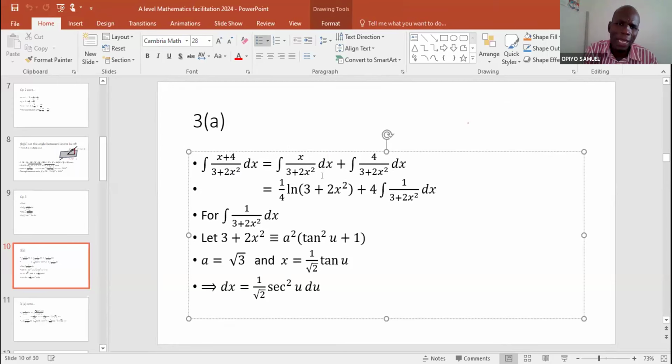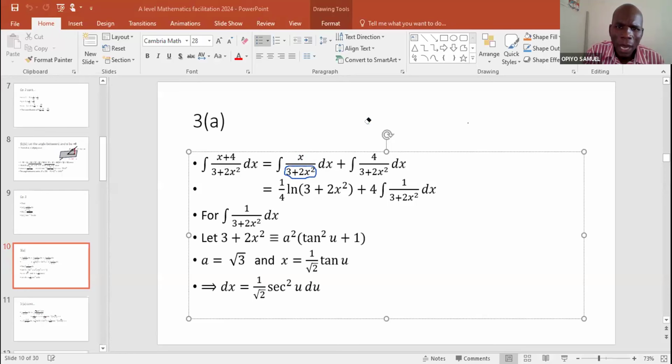For this first part, when we differentiate the denominator with respect to x, we get 4x, but up here we have only x, which means we have a missing term, and the missing term is 4.